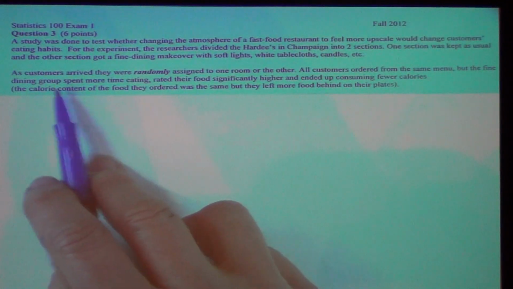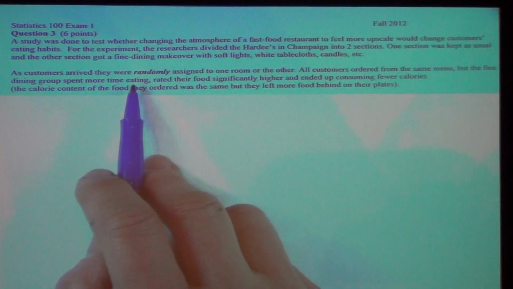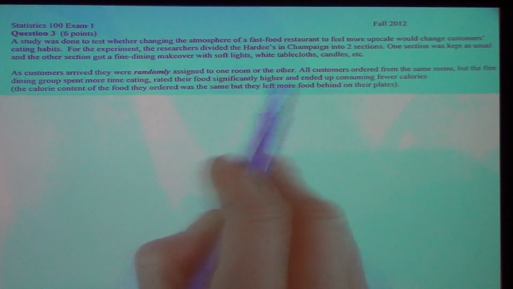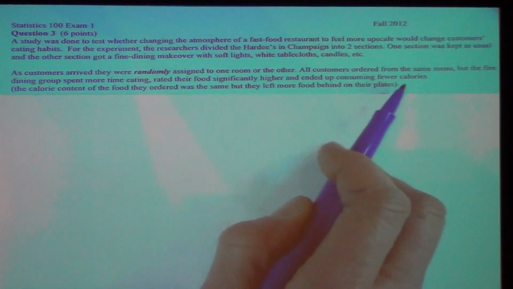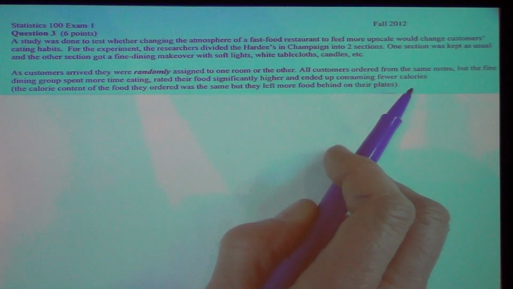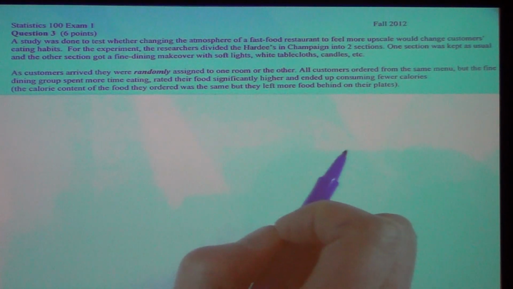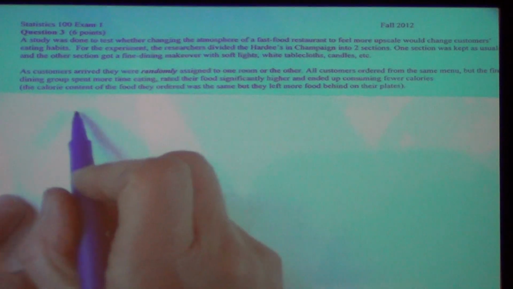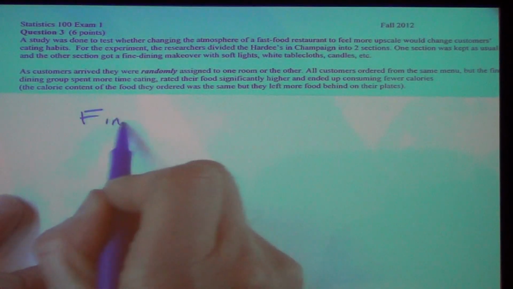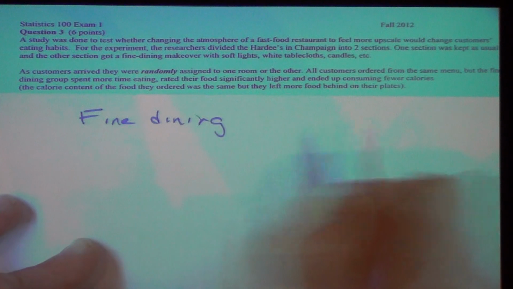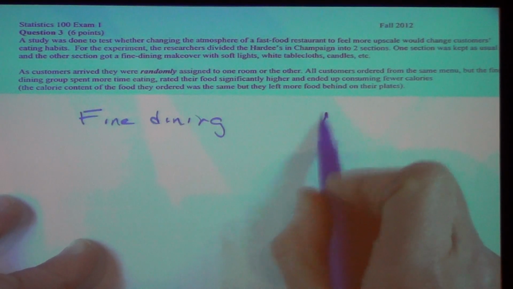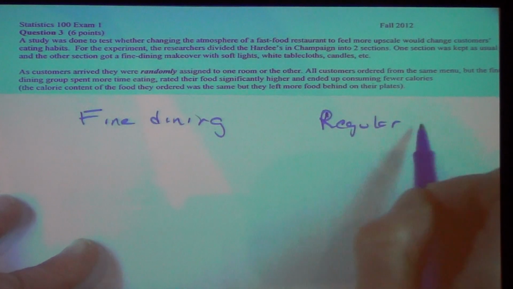But the fine dining room ended up spending more time eating, rated their food significantly higher, and ended up consuming fewer calories. So think about it. Here's the fine dining group, and here's the regular old fast food group.